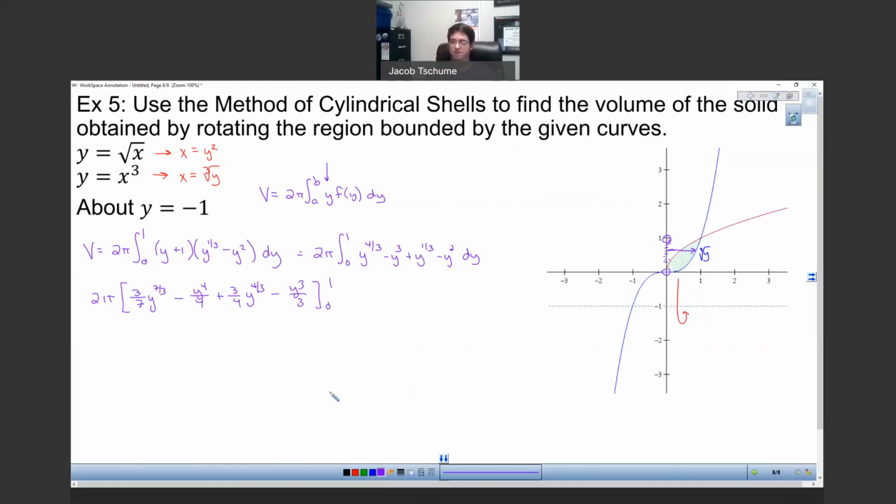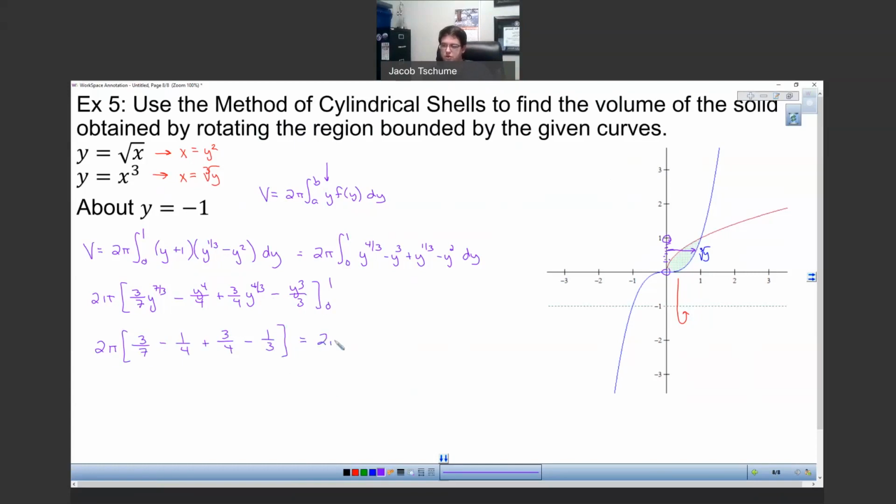And the best part of this, even though those are a lot of ugly integration terms, is that the only number you have to plug in is the 1, because plugging 0 in will make all of those go away. So this would be 3/7 minus 1/4 plus 3/4 minus 1/3 when I plug 1 in. Once again, no need to plug 0 in because at the end it's all going to go away.